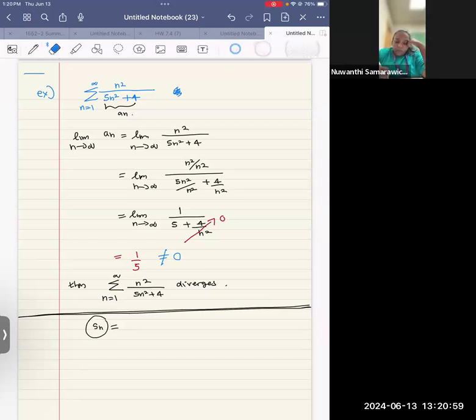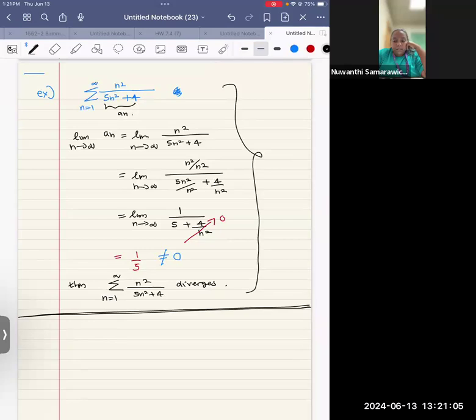But here we use the divergence theorem because for some sequences we cannot find the partial sum. We don't know the equation of the partial sum. That's why we use the divergence theorem here.